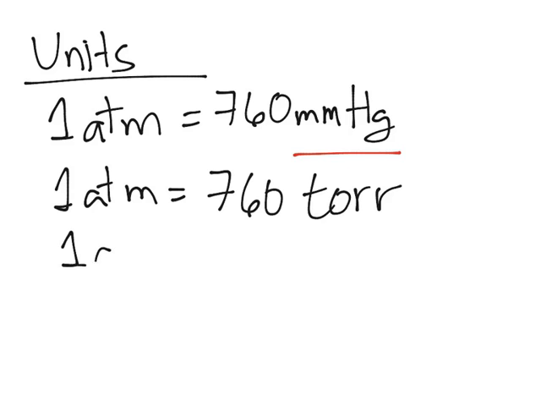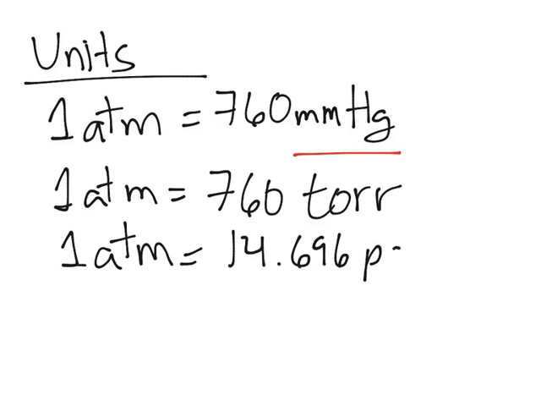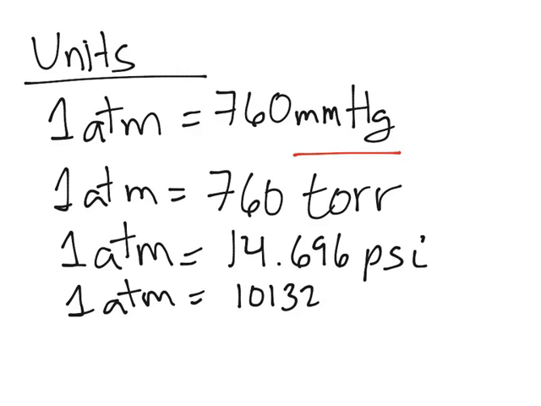Another unit we have is using the same 1 atmosphere is equal to 14.696 pounds per square inch, or just PSI. And I talked about the Pascal, so let me give you a conversion for that. So 1 atmosphere is equal to 101,325 pascals.